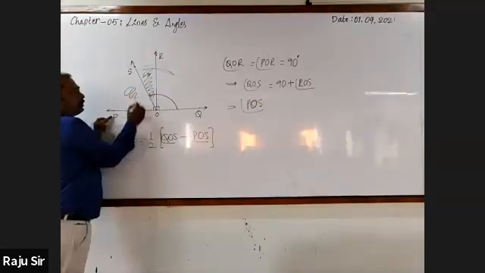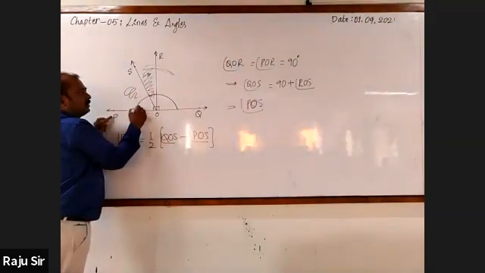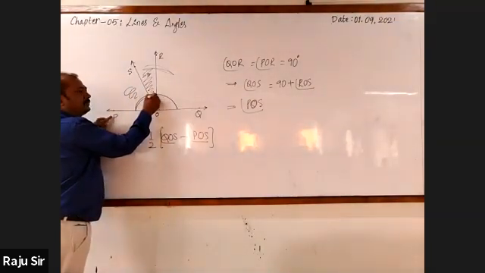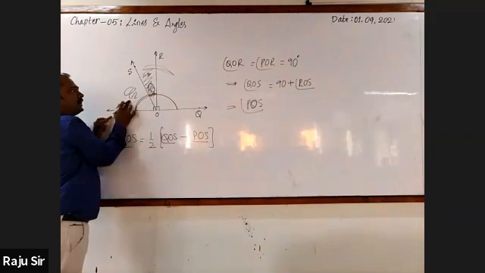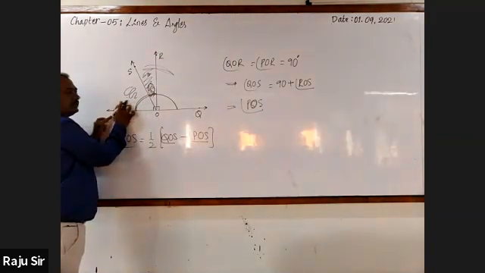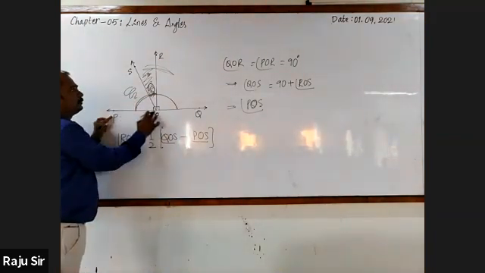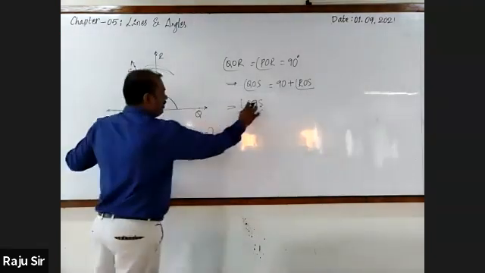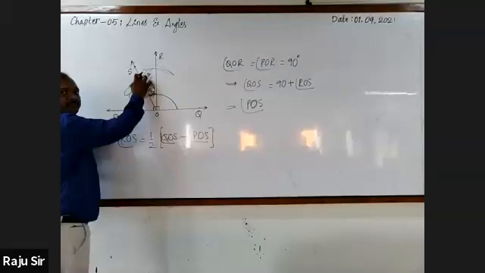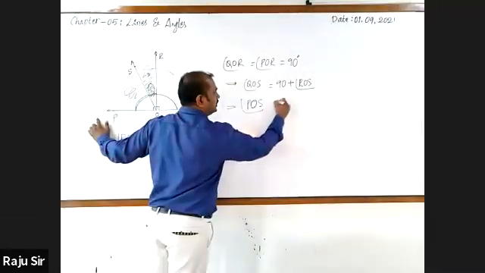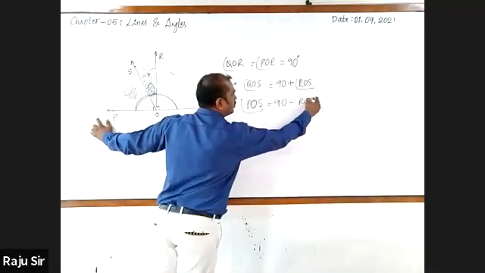What is the total measurement from here to here? 90 degrees. In this, if you subtract ROS, you will get POS. Then can we write POS as 90 minus ROS? 90 minus ROS.